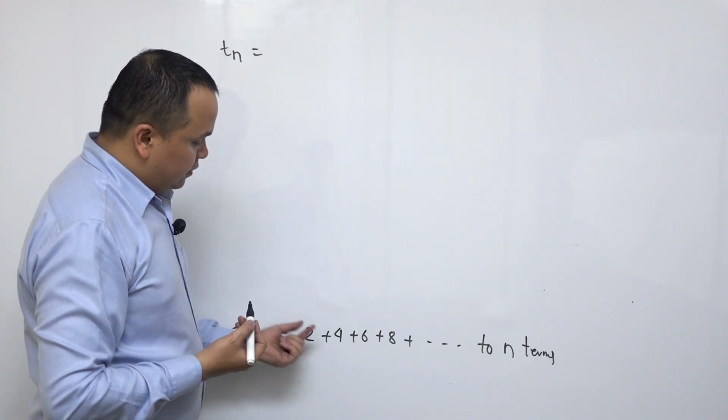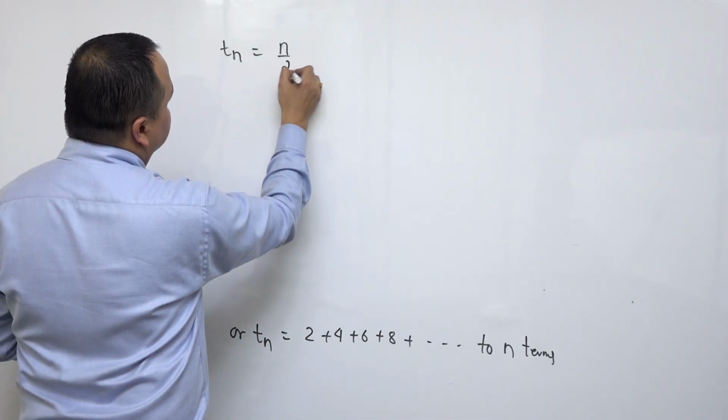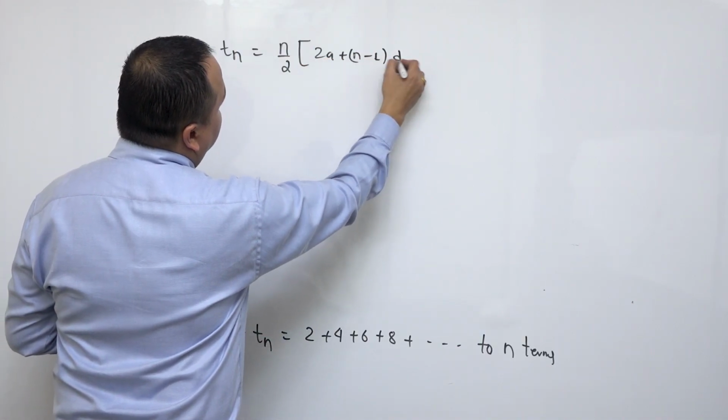AP को सम को फर्मुला n/2 (2a plus (n minus 1) times d).